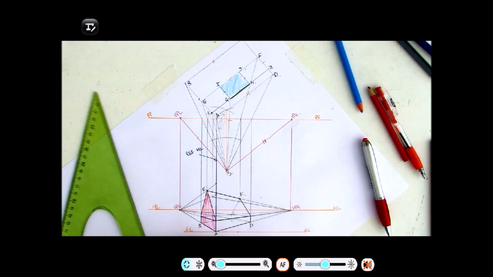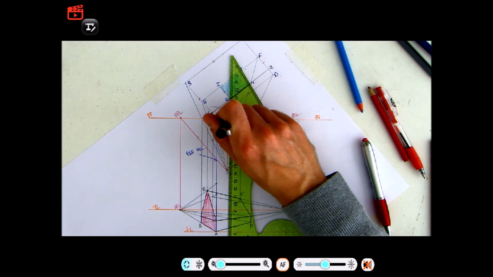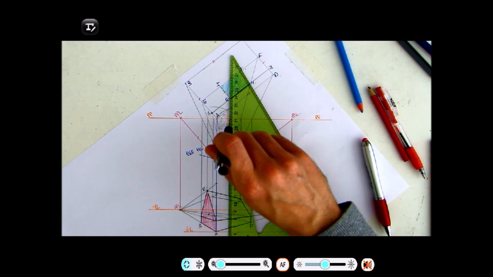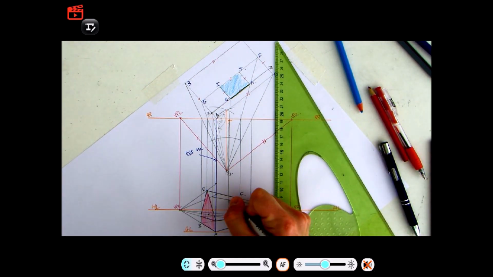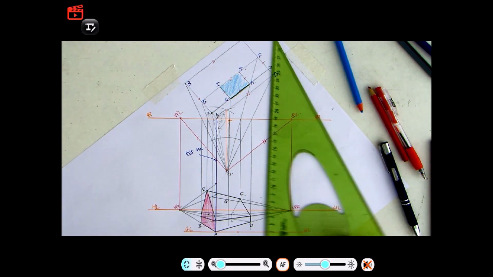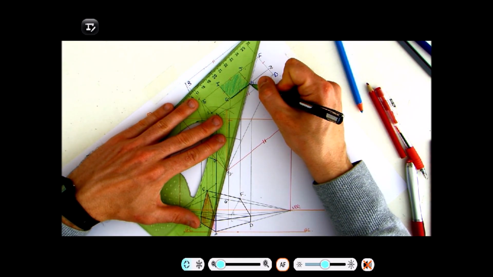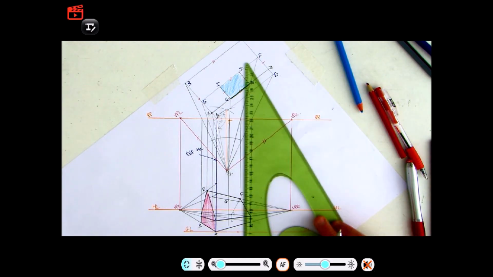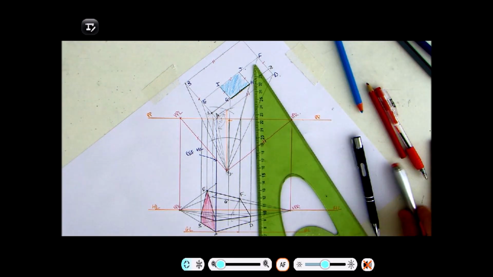So I bring G down, and wherever it crosses that line, that has to be G. I'll do the same thing for H. I bring H to the eye of the spectator. Wherever that hits the picture plane, which is capturing the image, remember, we bring it down, and that has to be the point of H.